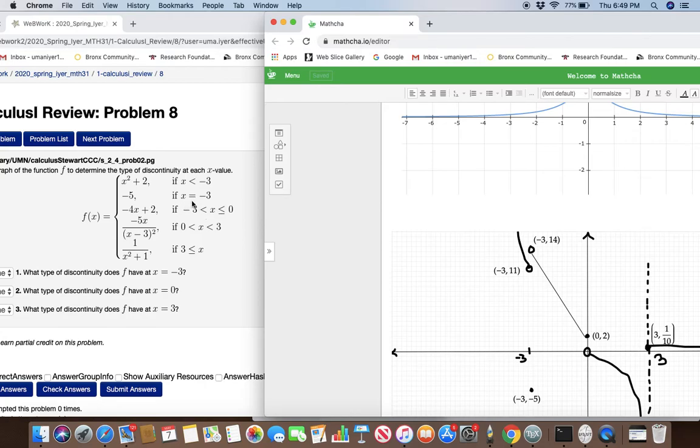When x is equal to -3, I am at -5. So you see there is only one point per x coordinate. That's what makes it a function. Vertical line test has to pass. So I come from above, there is an open point there. My value here is -5. Then that's an open point. The next points come here.